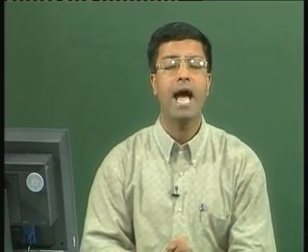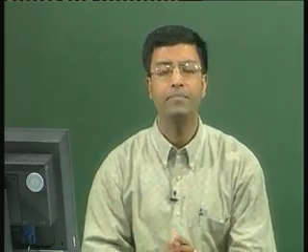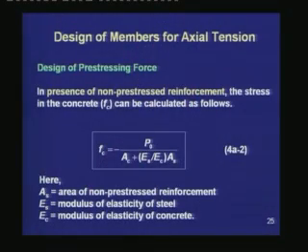If we have non-prestressed reinforcement in addition to prestressing tendon, the stress in the concrete can be calculated as follows, where Fc is equal to minus P0 divided by AC plus the ratio of the moduli of the steel and concrete times AS. AS is the area of non-prestressed reinforcement, ES is the modulus of elasticity of steel, and EC is the modulus of elasticity of concrete.